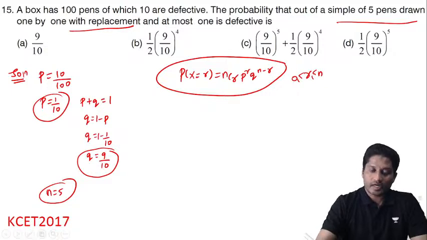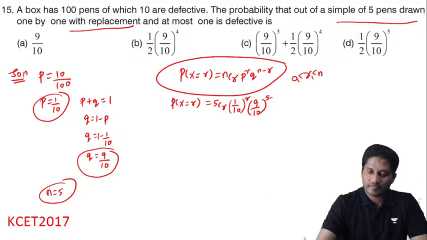Now P of at most 1. Let me first find this. P of X equal to r is 5Cr, 1 by 10 power r, 9 by 10 whole power 5 minus r. At most 1 should be defective means maximum 1, less than or equal to 1.